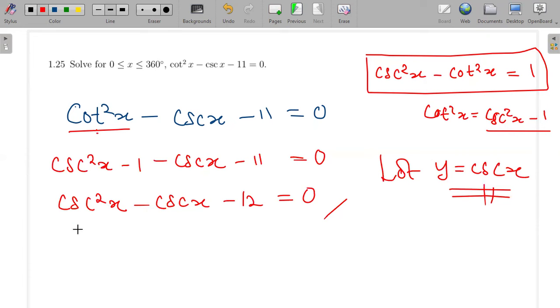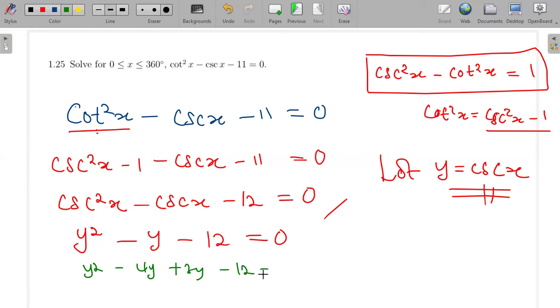So it means here I'm just going to put y squared minus y minus 12 is equals to 0. So we have a quadratic equation. So just solve the normal way we can solve. So here, the factors are just minus 4 and positive 3. So it will be y squared minus 4y plus 3y minus 12 is equals to 0.